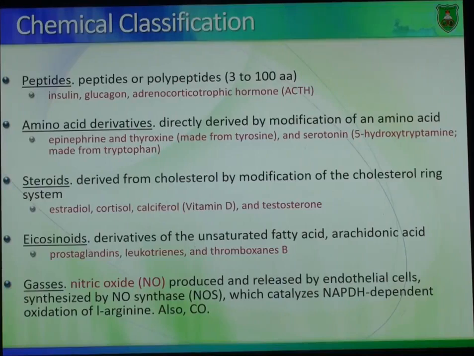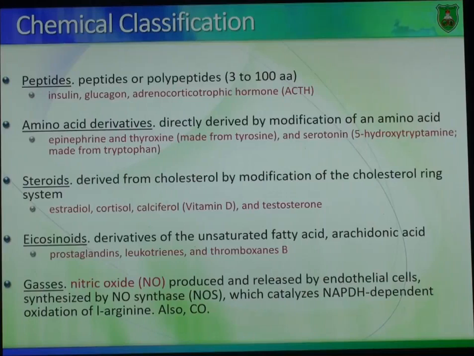Hormones can be peptides, so we're talking about small molecules, peptide or proteins. So we're talking about small and large hormones like insulin, glucagon, etc. We have hormones that are actually amino acid derivatives, like the thyroxine, for example, the epinephrine, dopamine, serotonin, all of these neurotransmitters.